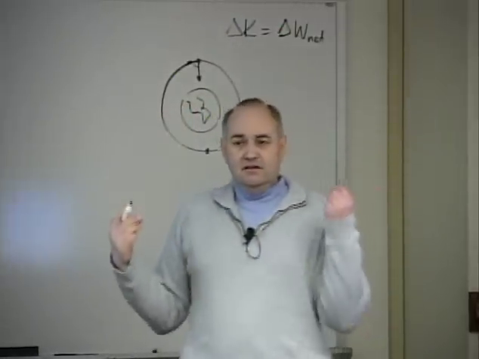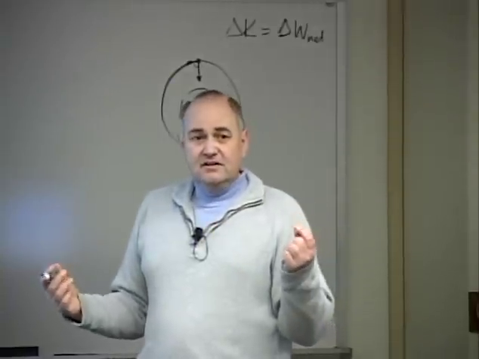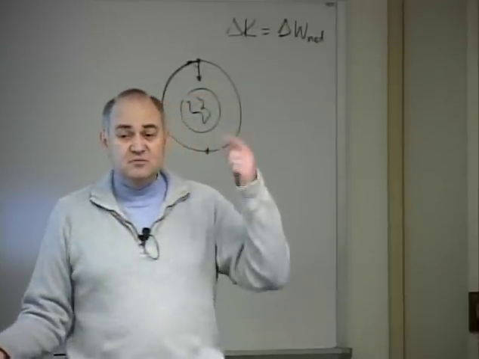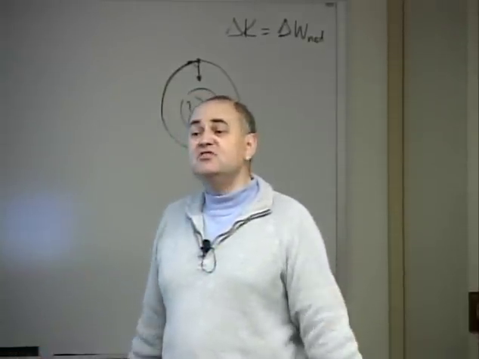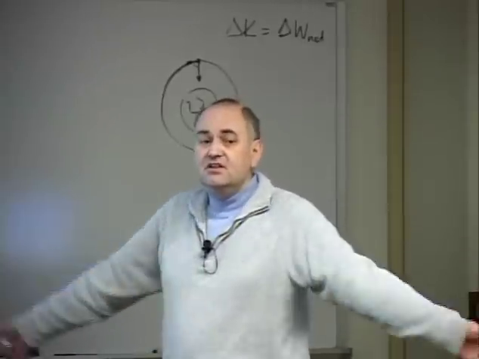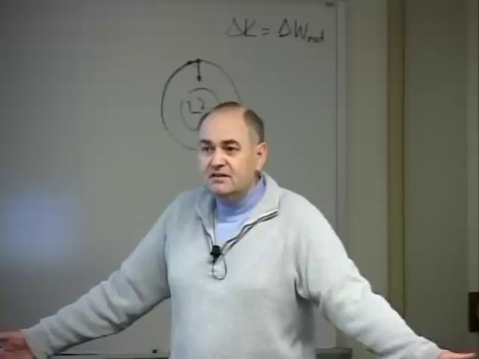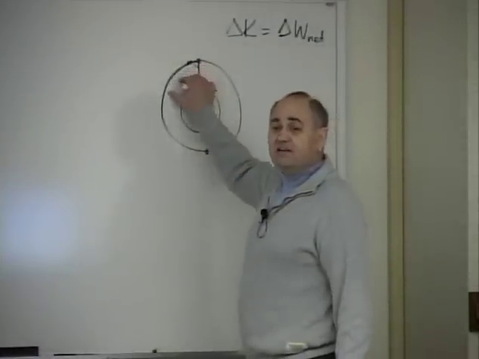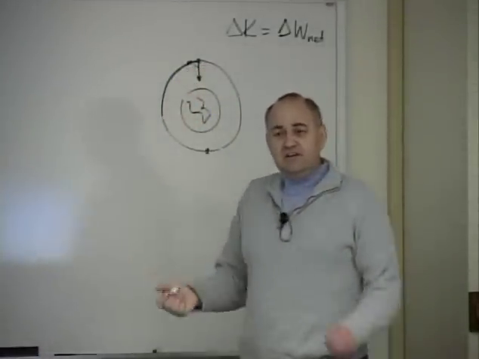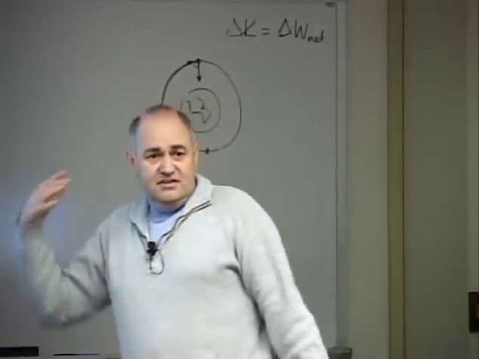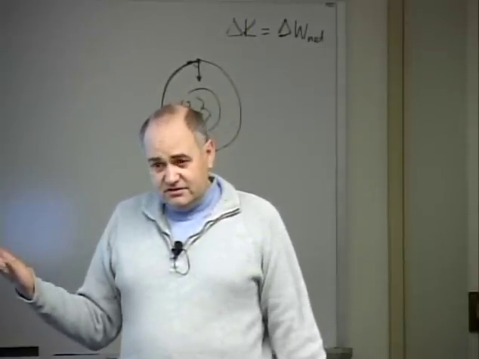So, if I calculate work, I will have to multiply magnitude of the gravitational force times magnitude of the displacement times cosine of 90 degrees. How much is cosine of 90 degrees? Zero. So the product is zero, which means that along this path work is zero, and along each of those paths work is zero. So kinetic energy in this situation is conserved.